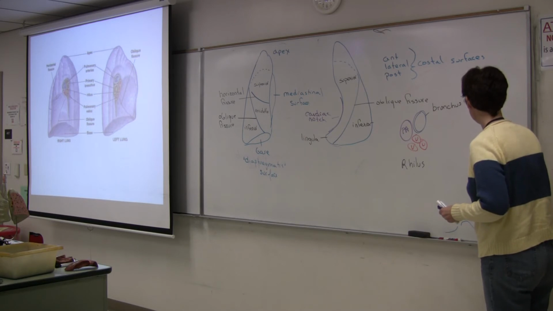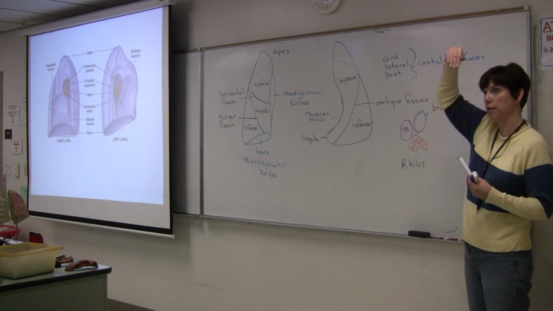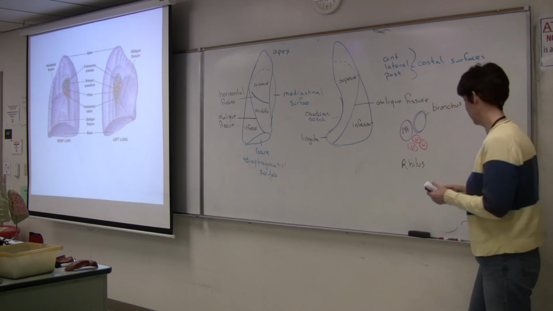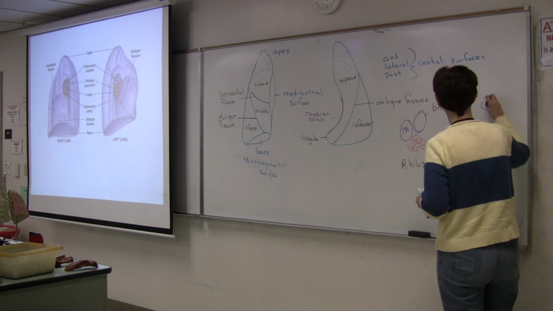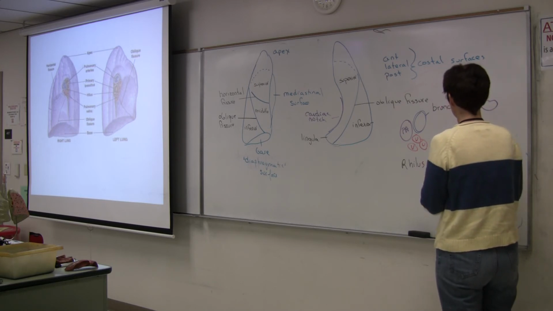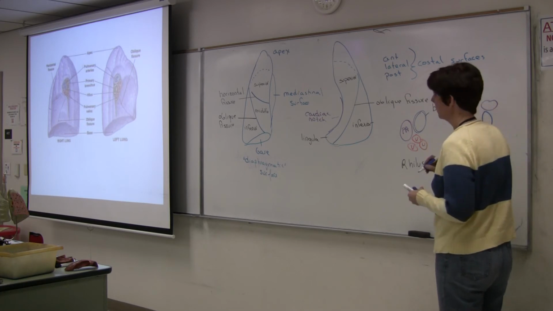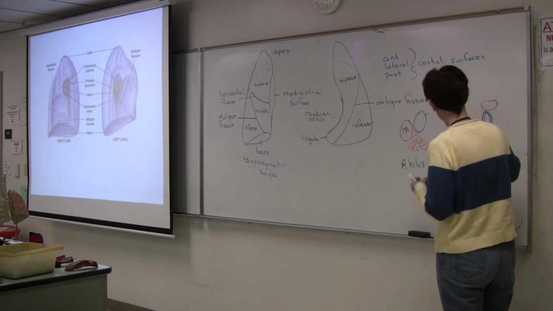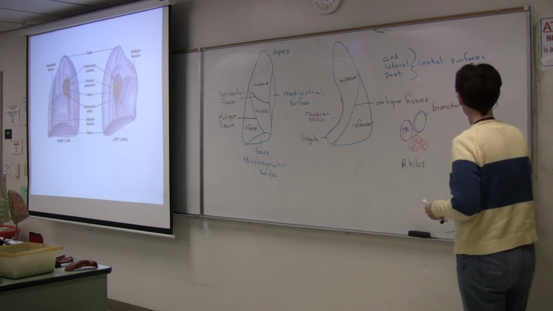The key difference in the pattern for the left hilus is that the pulmonary artery arches over the bronchus. And so the pulmonary artery becomes superior, and the bronchus becomes inferior. Okay? And then we still have our pulmonary veins.